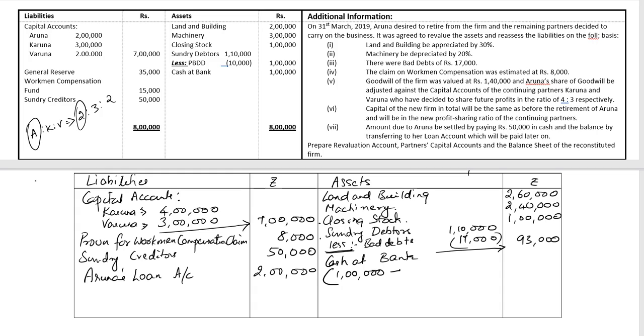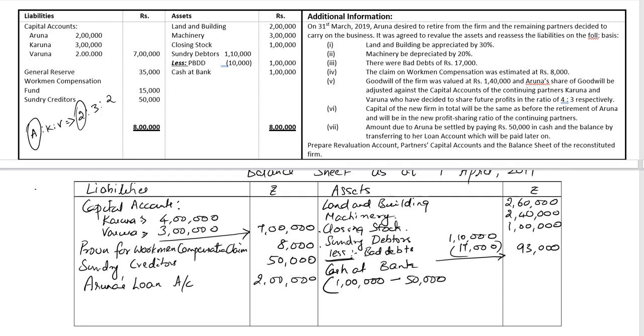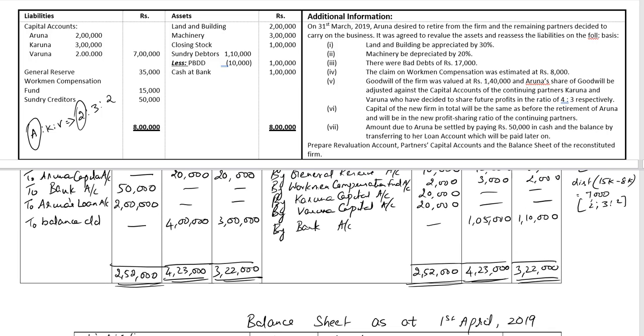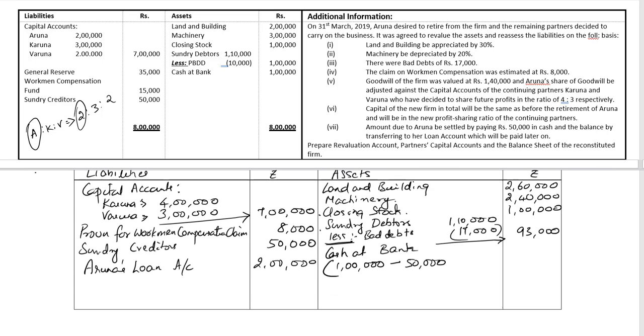As per point 7, we paid rupees 50,000 to Aruna, and while making the adjustment of capitals, we found out that Karuna brings in rupees 1 lakh 5,000 and Varuna brings in 1 lakh 10,000. So it's plus 1 lakh 5,000 plus 1 lakh 10,000. So the final amount of cash is 2 lakh 65,000.